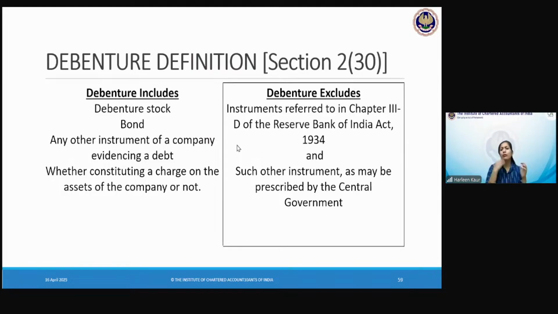Now, you don't have to refer to what the chapter 3D funds of RBI are. It is just a definition. You have to learn this definition as I've broken it into two parts. Number one, it includes these three things and excludes two things. One is the RBI funds given under chapter 3D and any other instruments which the central government has specified.